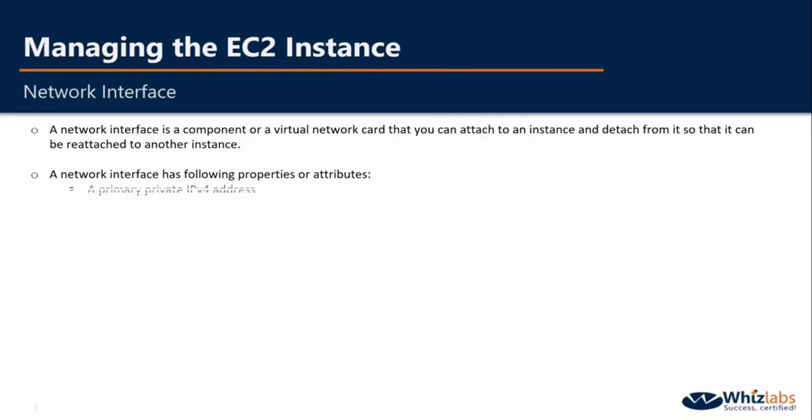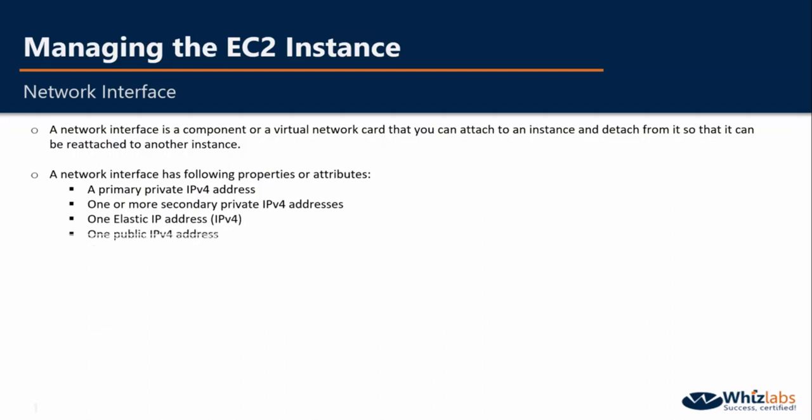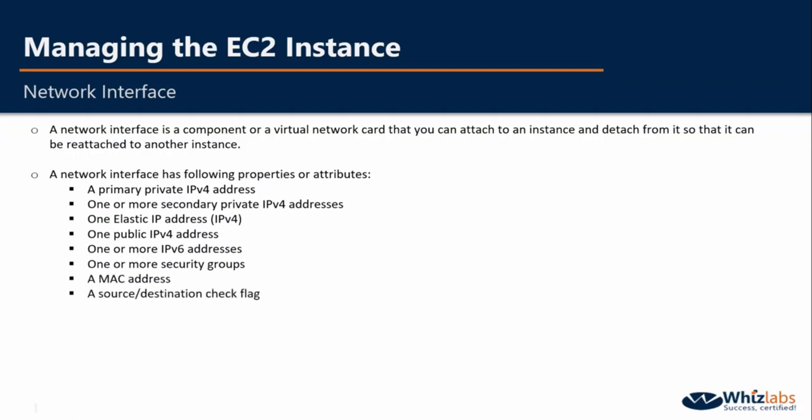A primary IPv4 address from the IPv4 address range of your VPC, one or more secondary private IP addresses from the IPv4 address range of your VPC, one elastic IP address, that is IPv4, one public IPv4 address, one or more IPv6 addresses, one or more security groups, a MAC address, a source and destination check flag, and a description.